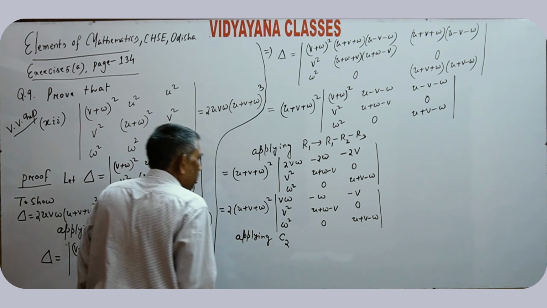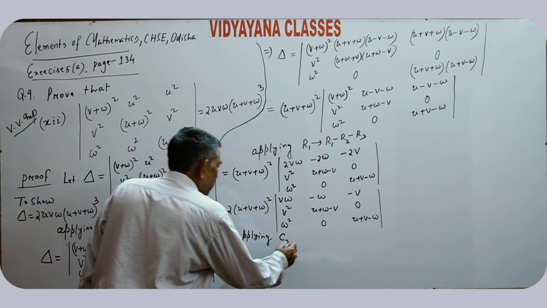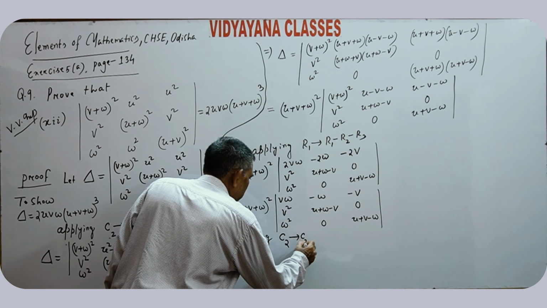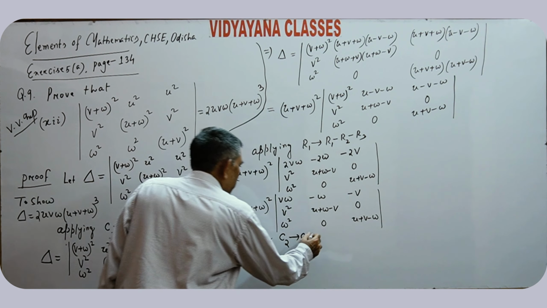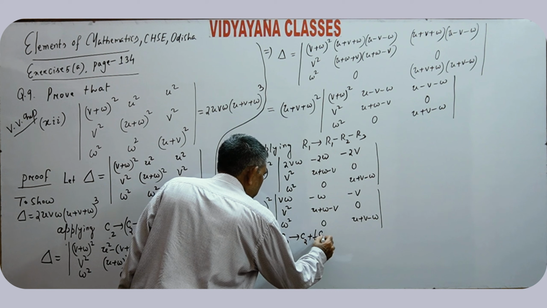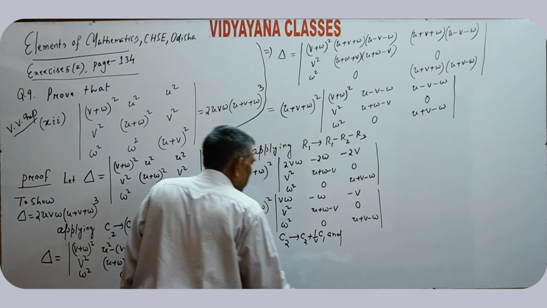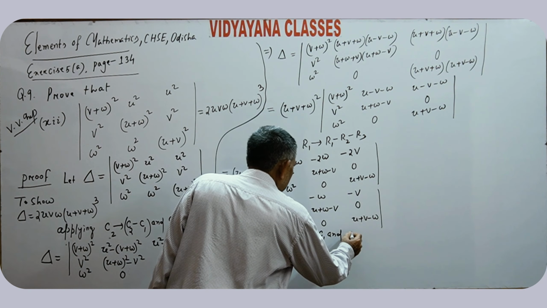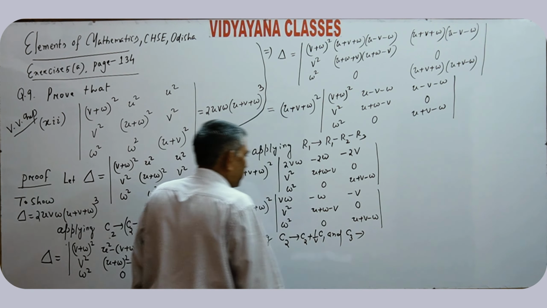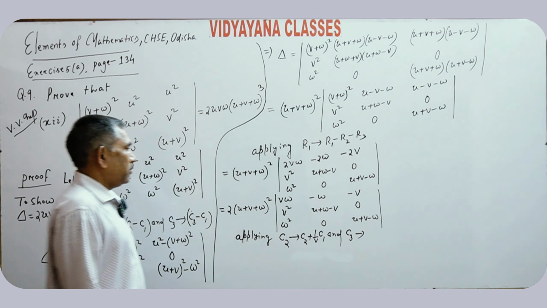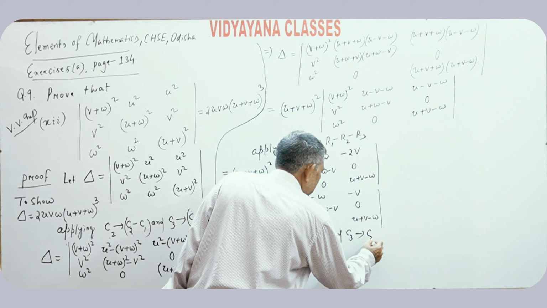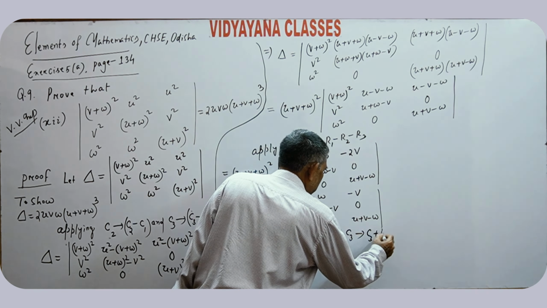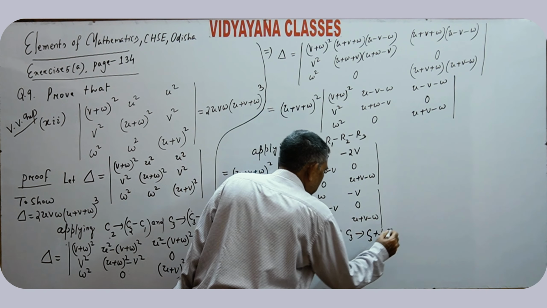C2 is replaced by C2 plus 1 by v C1, and C3 is replaced by C3 plus 1 by w C1.